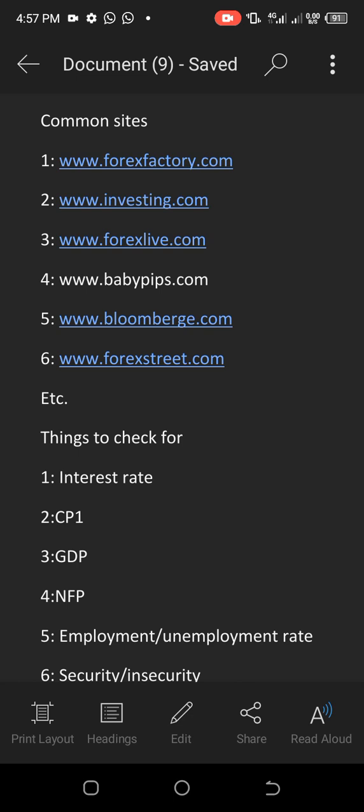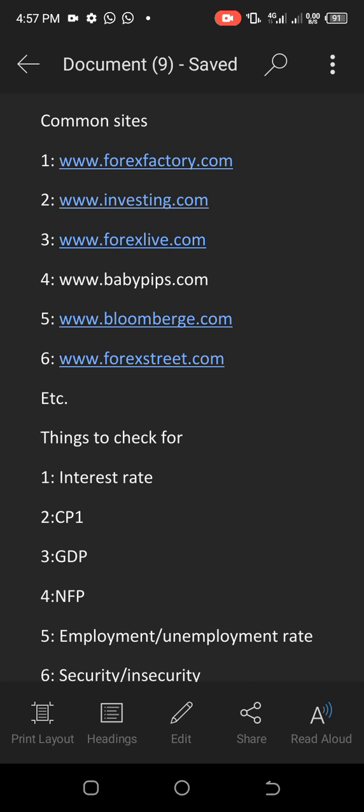Now, for today, things to check for too. There are things that drive the market when it comes to the news. What are those that you have to look out for in the market whenever the news is coming out? Almost virtually everything affects the market, but you have to look out for interest rate.